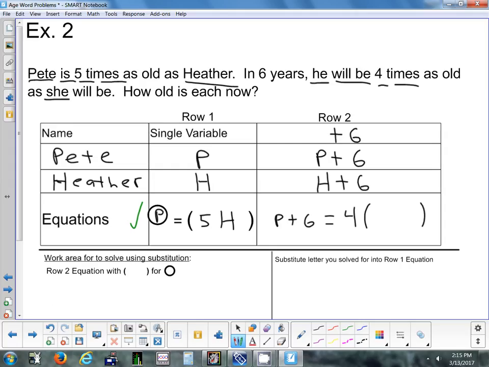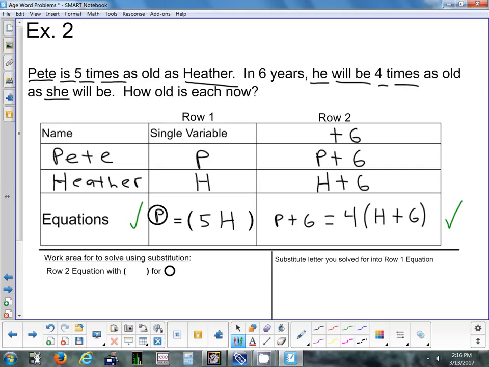And how are we representing Heather? Not H. H +6. Remember, the equation in the second column uses the stuff in the second column. The equation in the first column, stuff in the first column. Good. So if you get that far, you would get half credit.